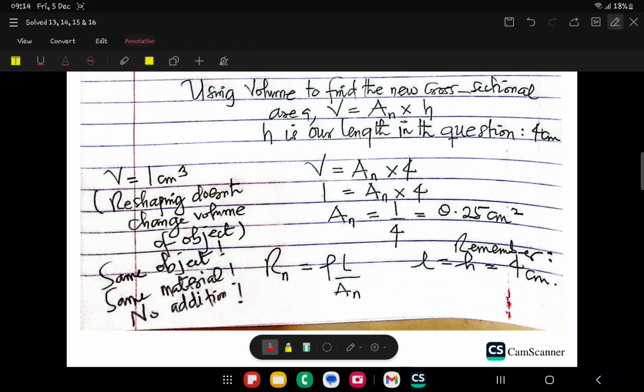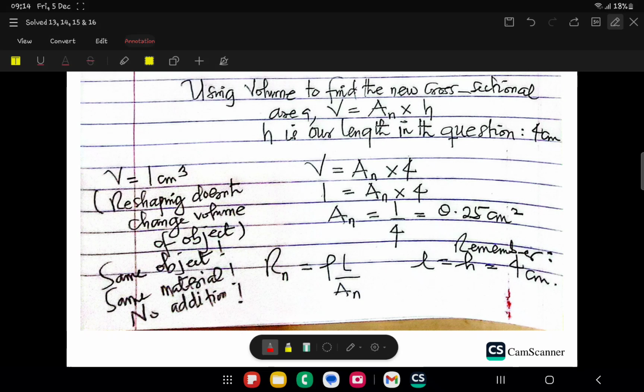We've not added anything to it, so reshaping it does not change the volume. So 1 centimeter cubed is equal to the new cross-sectional area multiplied by 4, and that should give us the new cross-sectional area to be 0.25 centimeters squared.